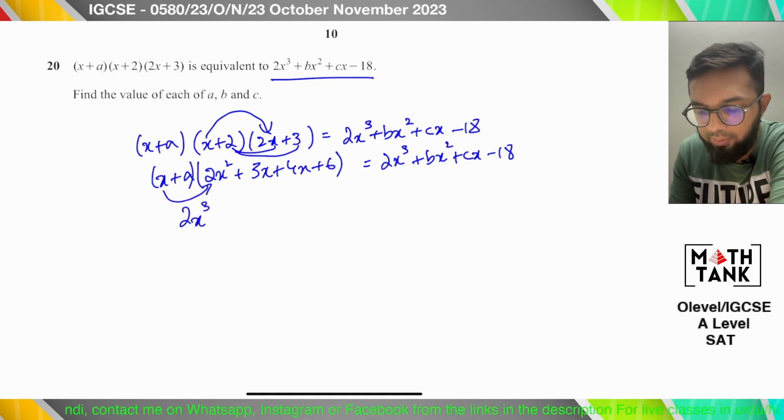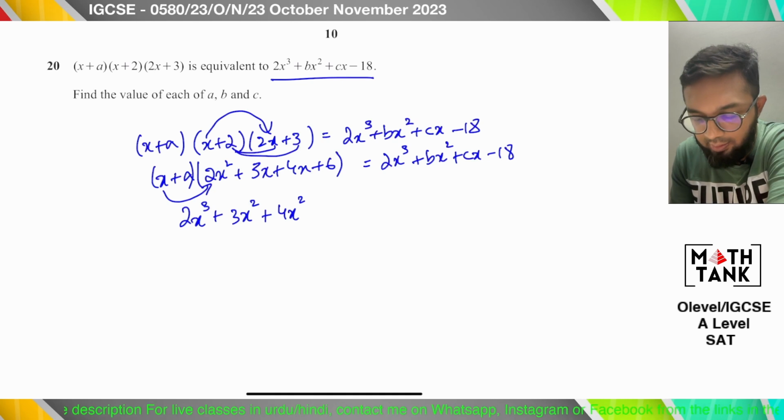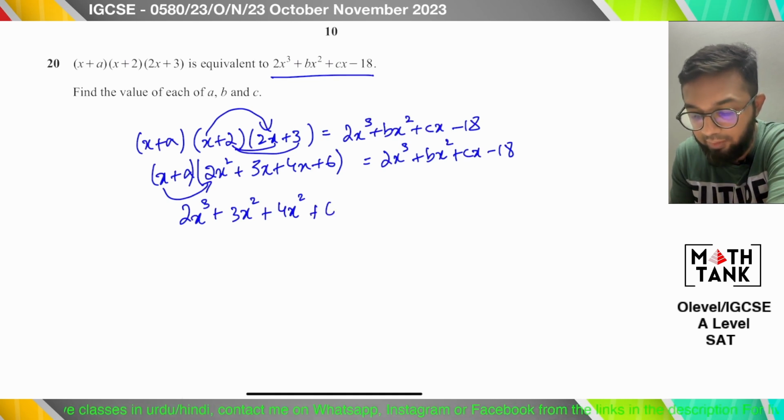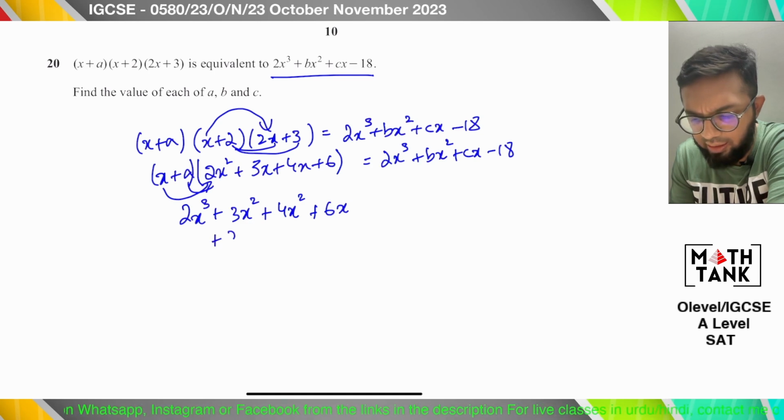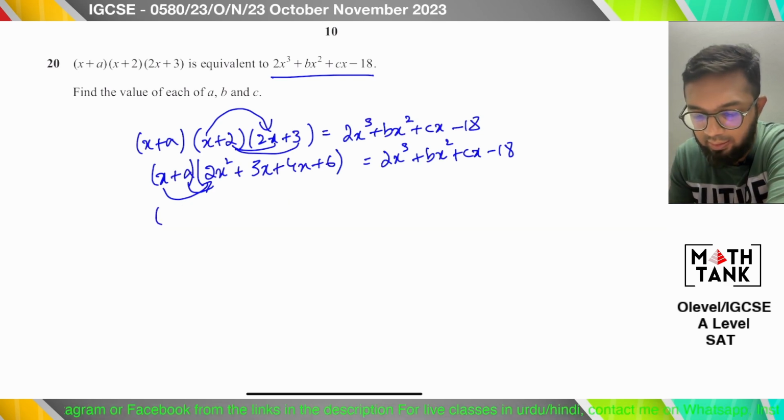So 2x cubed plus 3x squared plus 4x squared. That should have been 7x squared, but I haven't done that. And then when I start multiplying with a, I'm going to put it in the other line so that it becomes easier. 2ax squared plus 3x plus 3ax. Actually, I should have added first and then multiplied this.